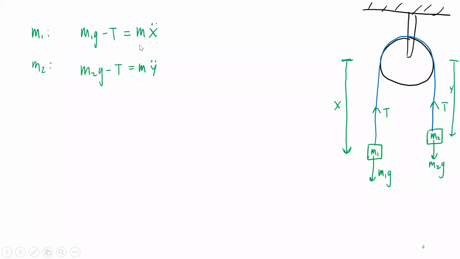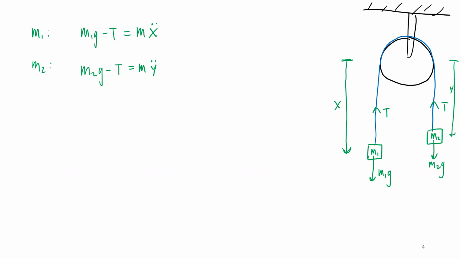So two equations, three unknowns. But there is actually one more condition that we have not considered yet, and that is again the constraint of the system. That is due to the fact that I'm assuming the total length of the string is constant.